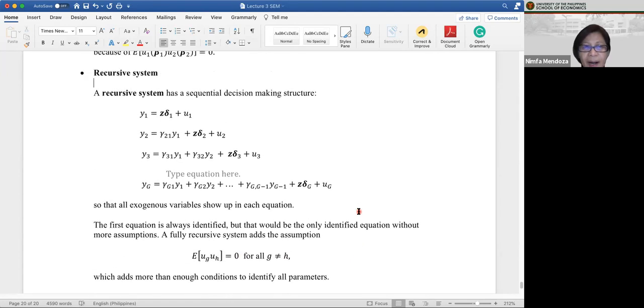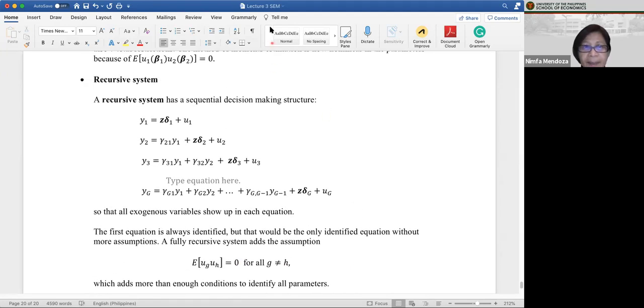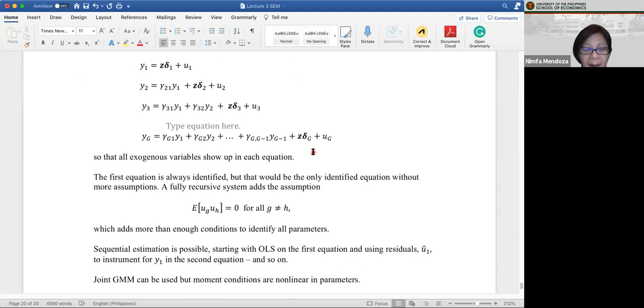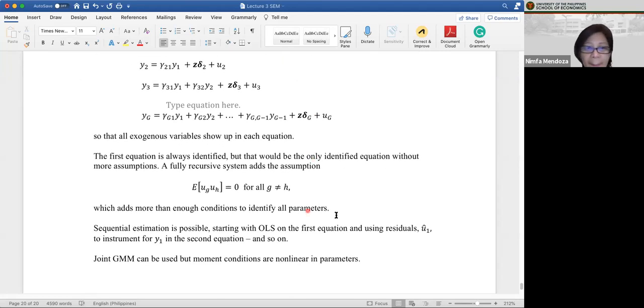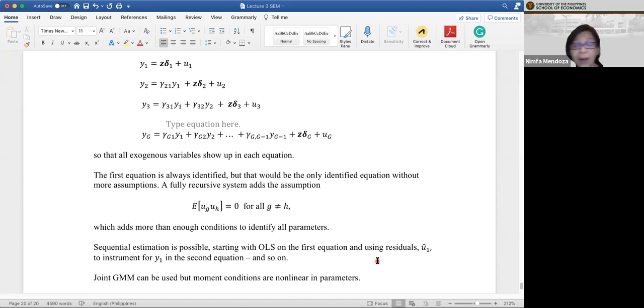Using our intuitive or rough way of getting estimates outside the system approach, you can do sequential estimation.